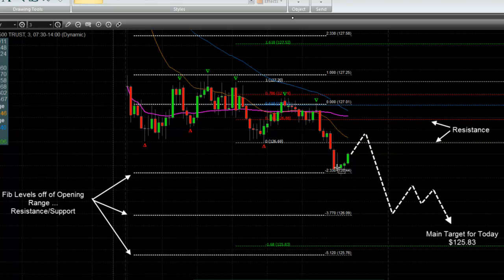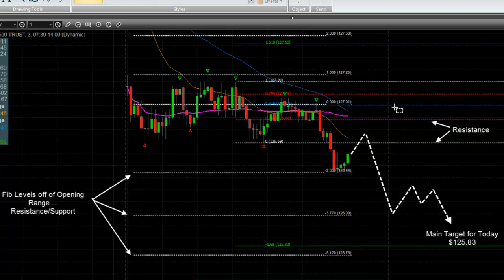What I was looking for now, since we had broken the low of the day, the one caveat was that the momentum wasn't confirming this new low, so I was expecting a pretty good bounce. But what I was looking for was this 38.2 or the 61.8 level of this contraction pattern or key reversal pattern to provide resistance and for the market to roll over.